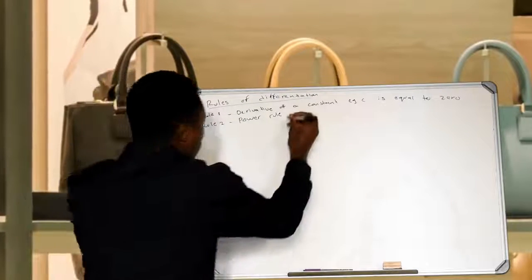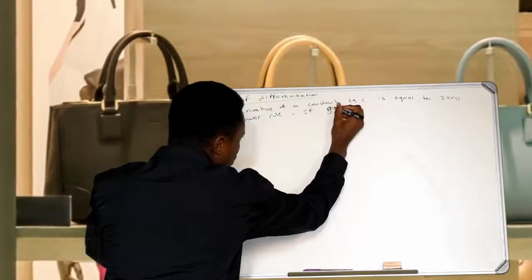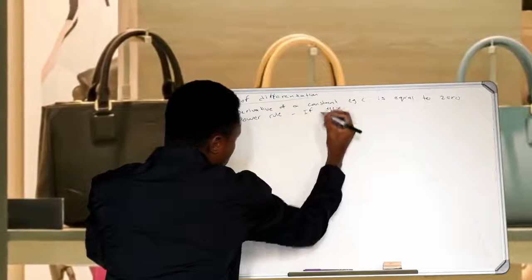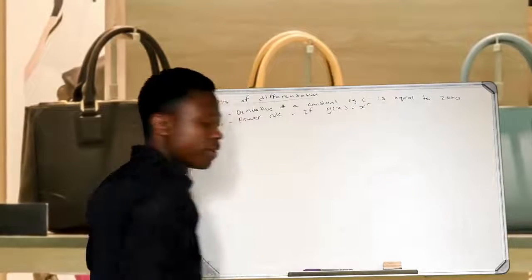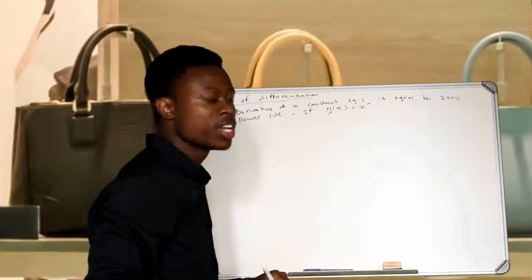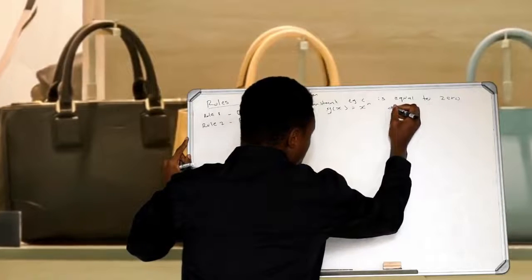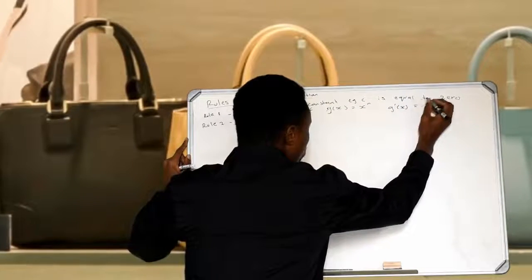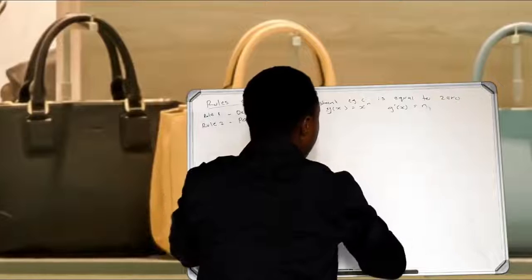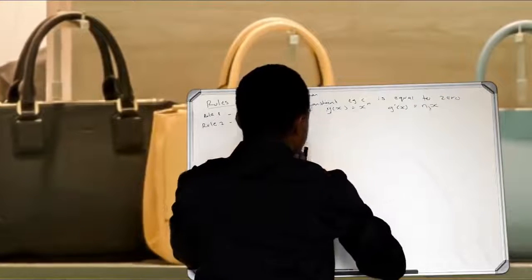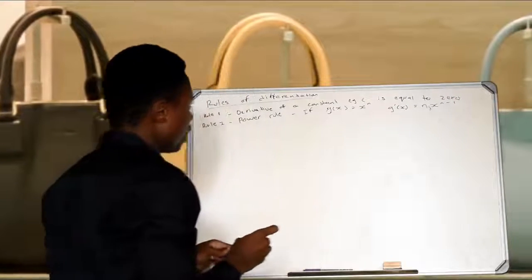The power rule says if f of x, or g of x, let's write it as g of x, is equal to x to the power of n, the derivative of this, which will be written as g prime, is equal to n x to the power of n minus 1.